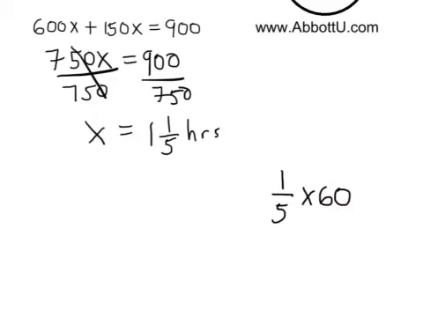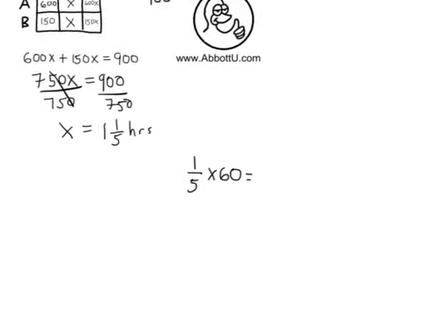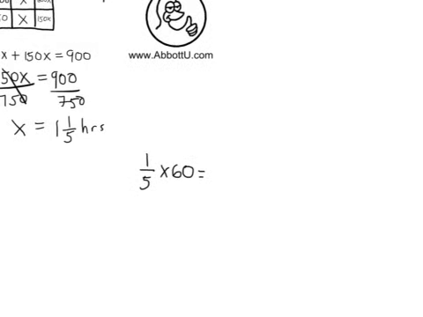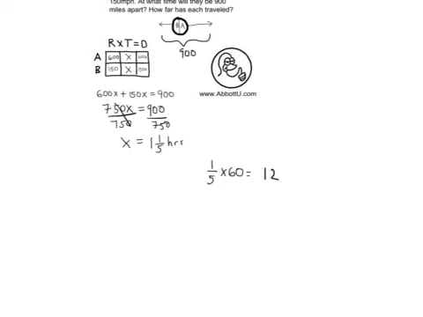Now 1/5 times 60 is 12. I'm going to assume that the viewer knows how to multiply fractions and whole numbers. So we've got 12 over here. In other words, this 1 1/5 hours is really 1 hour and 12 minutes.